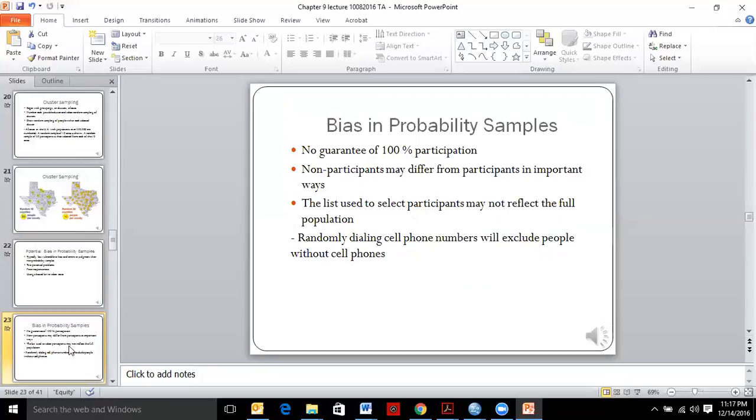So for response rate, there's no guarantee of 100% participation. Non-participants may differ from participants in important ways. The list used to select participants may not reflect the full population. So randomly dialing cell phone numbers will exclude people without cell phones, for example.